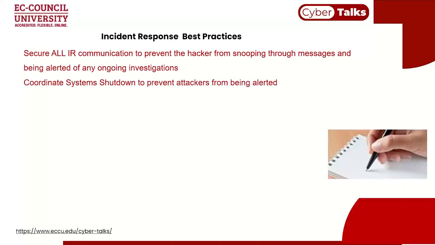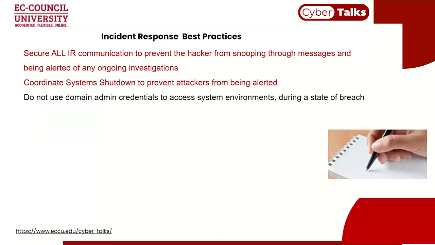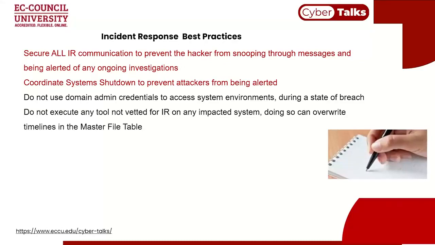We have to ensure coordinated system shutdown, again, so that attackers will not be notified. We have to ensure that domain admin credentials are not used during a state of breach, and we're not executing tools that are not vetted and authorized by the IR team, on any impact in the systems.